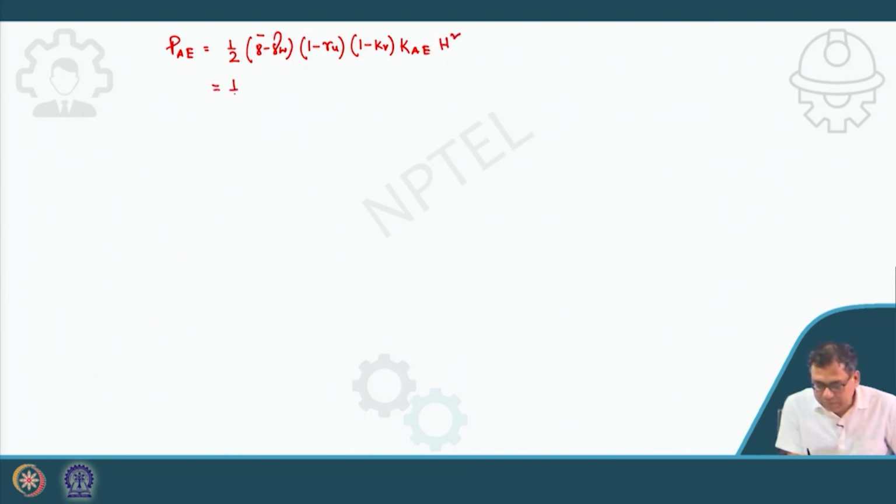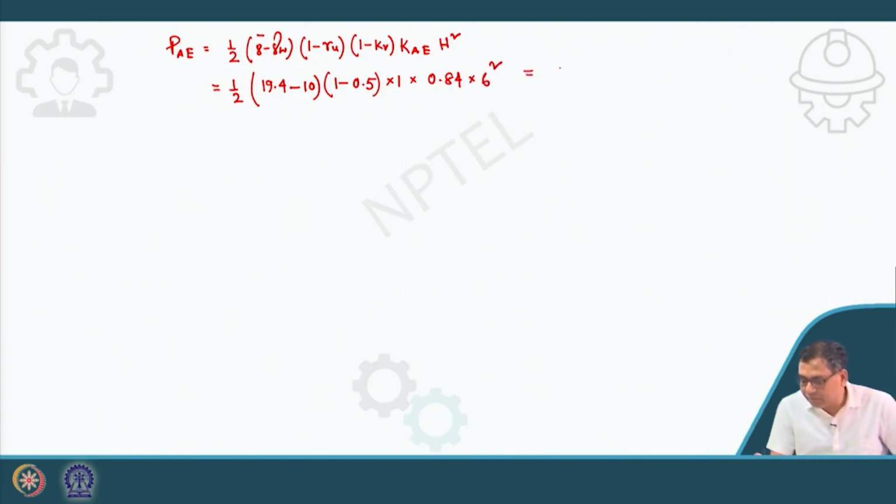So PAE will be half into 19.4 minus 10, into 1 minus 0.5, into 1 minus Kv equal to 1, into KAE 0.84, into H, which is 6, square. This value is 71.1 kilonewton per meter.